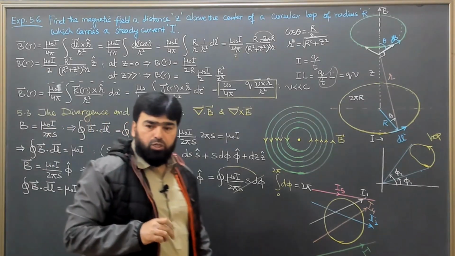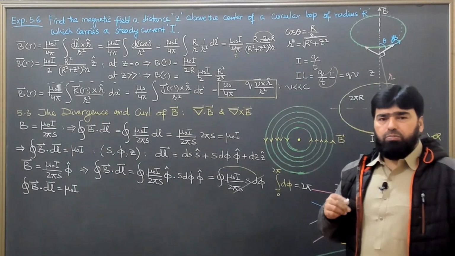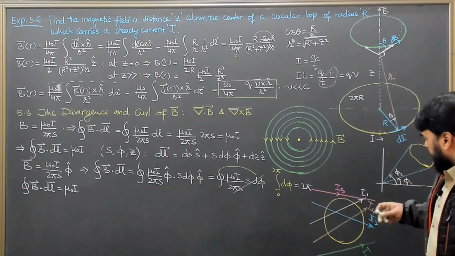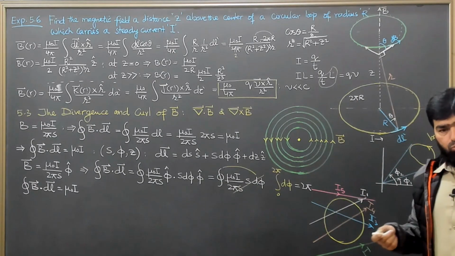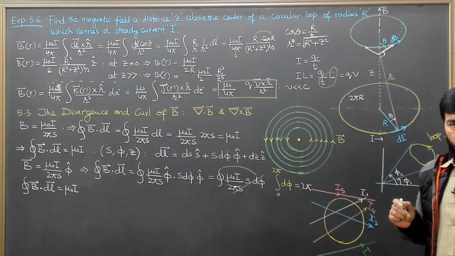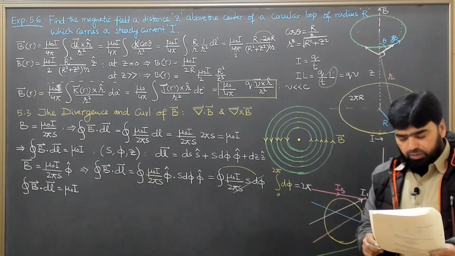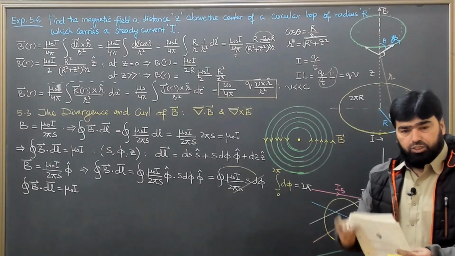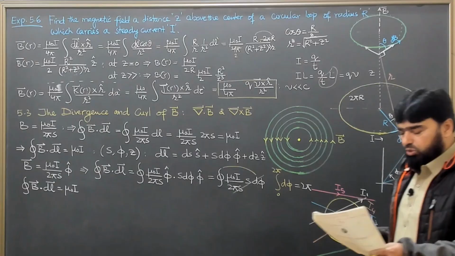even for an arbitrary loop, this is equal to mu naught I. Now if we have a bunch of current carrying wires, and this loop is enclosing them, one or two or more or all of the wires, then whatever current it encloses is the total current.